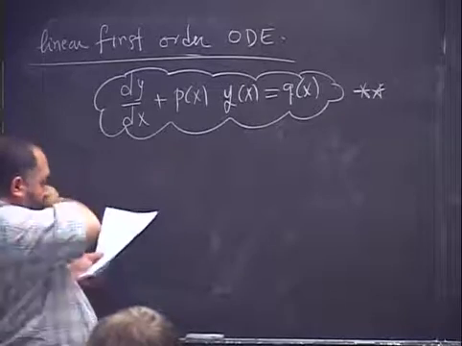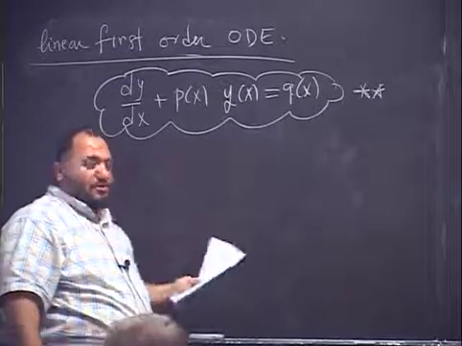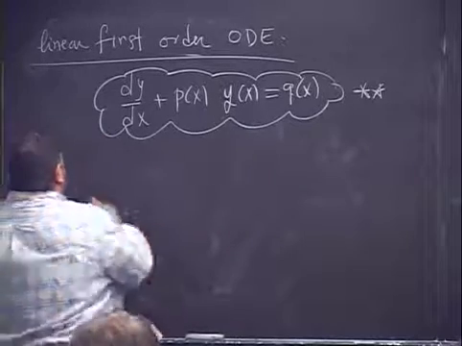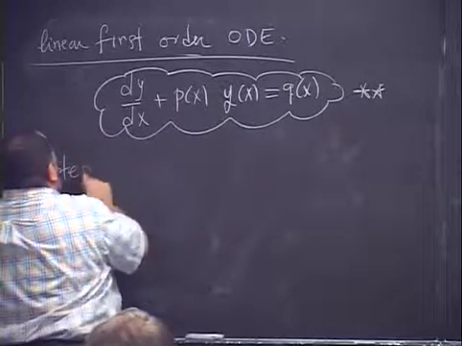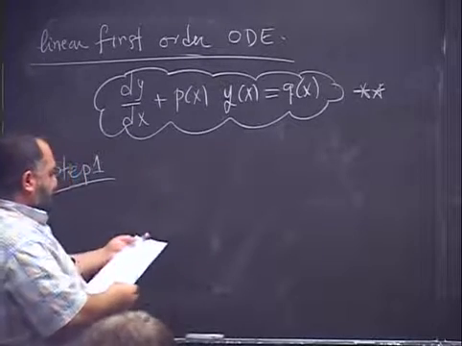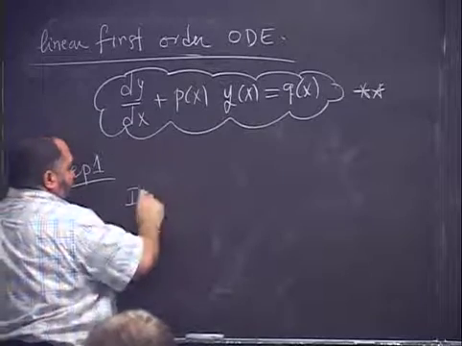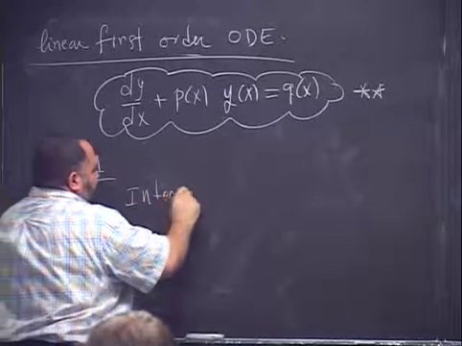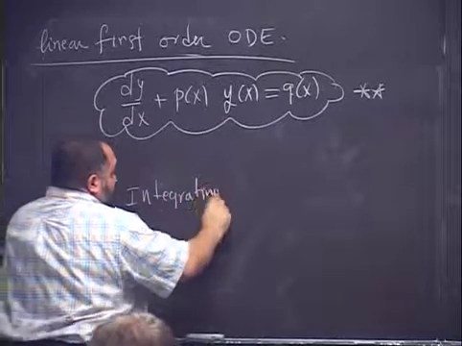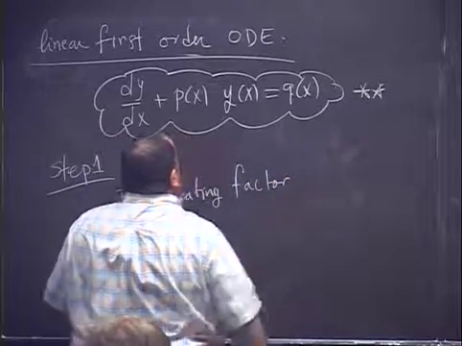And this equation is inhomogeneous because I have a q of x term here. So the steps of solution, step number one is you will find an integrating factor again, like what we did here. So the integrating factor.